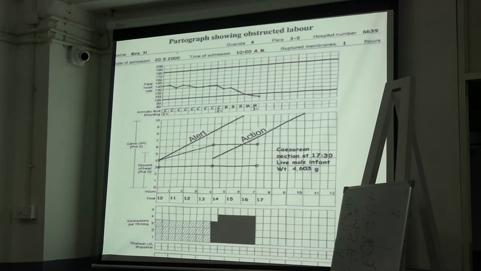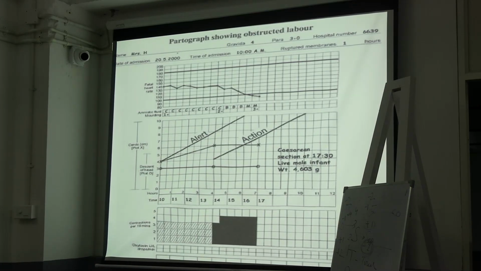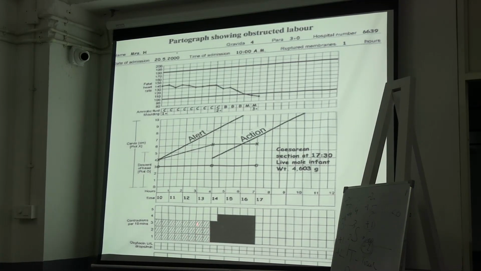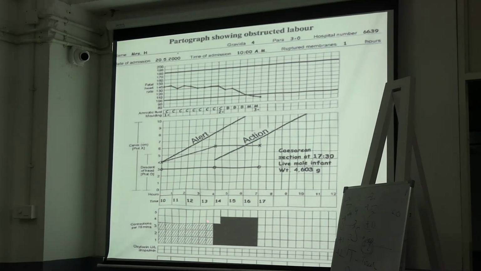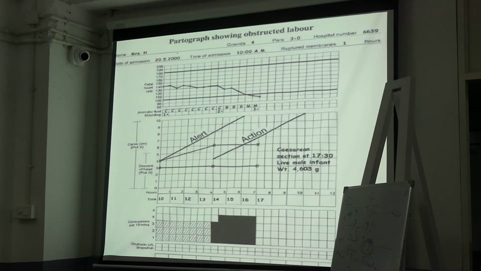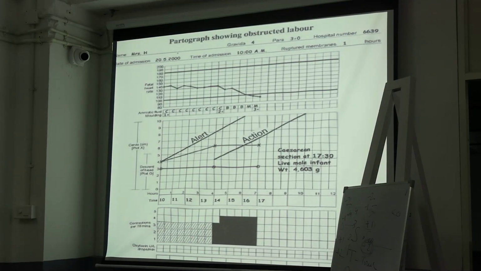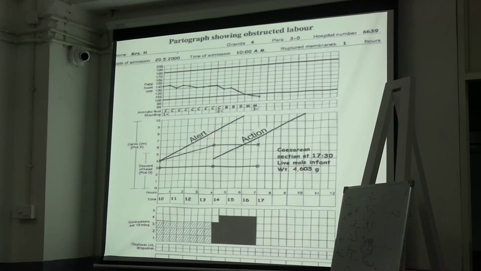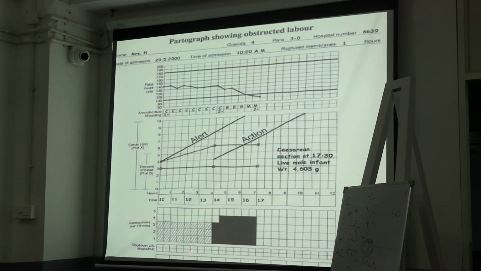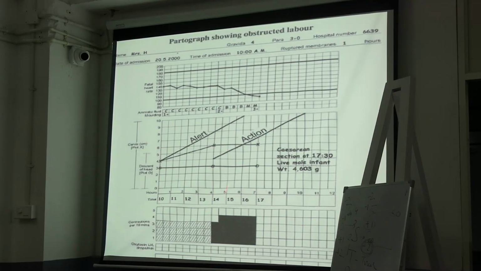How many? 3 contractions, lasting less than 20 seconds, 3 contractions per 10 minutes. Inadequate. Then after that, the contraction increased. We have not given anything, we have not augmented it, but the contraction increased.